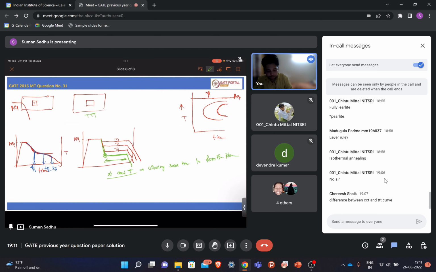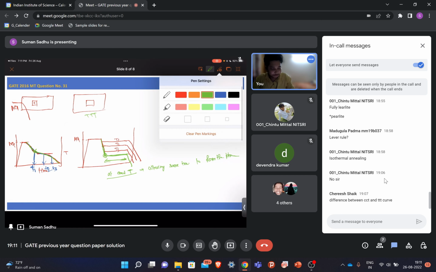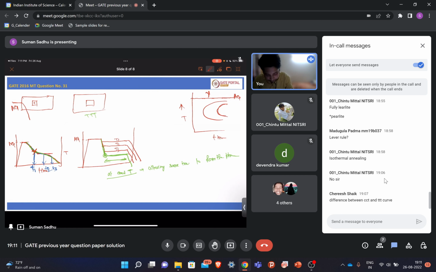But here the temperature is continuously decreasing, right? You are not quenching, it is continuously decreasing by furnace cooling or the like. So in this case you are not allowing time at this temperature, you are just directly quenching it.